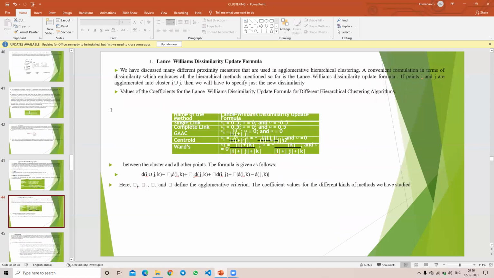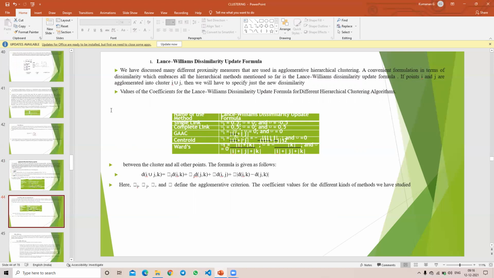Next, later in this, we also see the Lance-Williams dissimilarity update formula. We are discussing many different proximity measures that are used in agglomerative hierarchical clustering. A convenient formulation in terms of dissimilarity, which embraces all the hierarchical methods mentioned so far, is the Lance-Williams dissimilarity update formula.